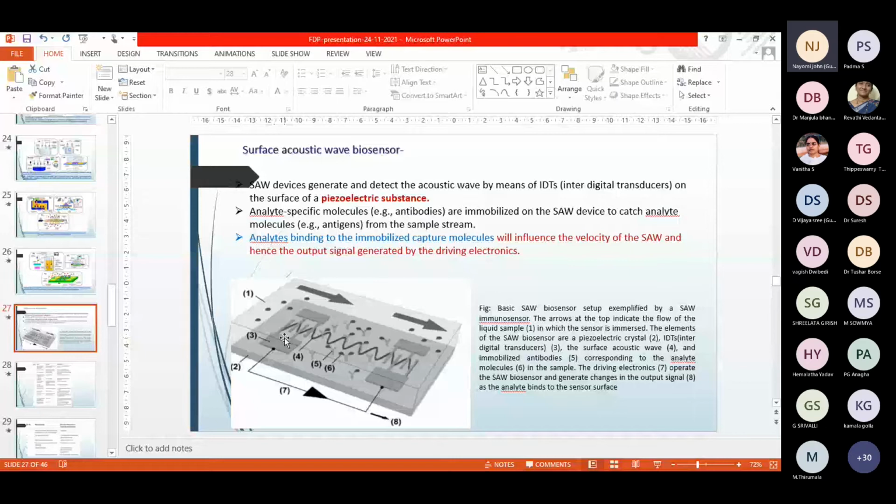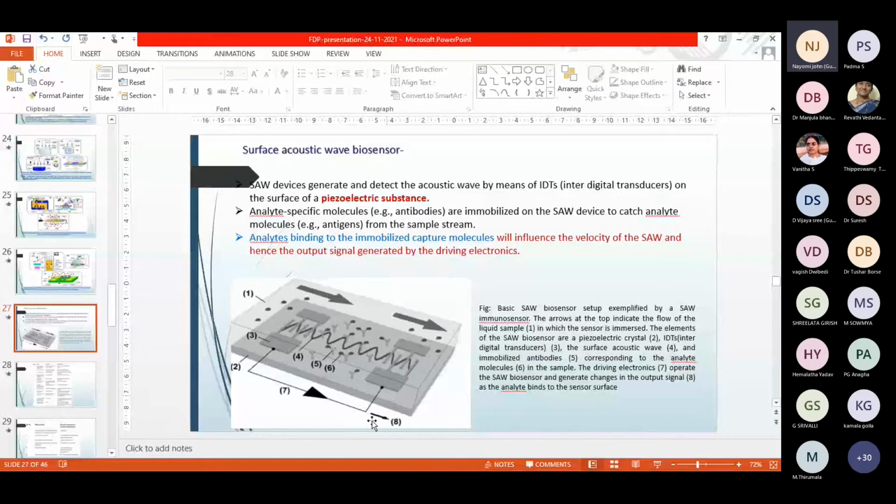Here the current will be induced, and a piezoelectric material which has the capacity to transmit the waves is used at the base as the transducer material, and the setup has two interdigital transducers, one for input and one for output.